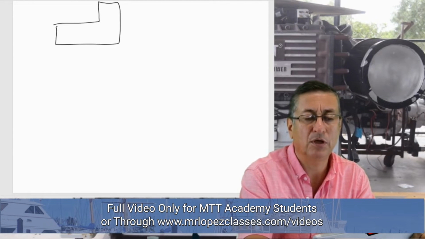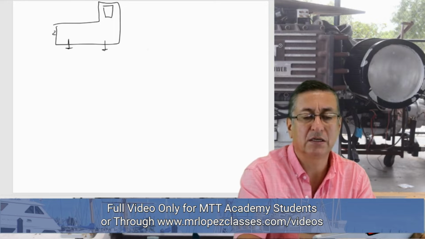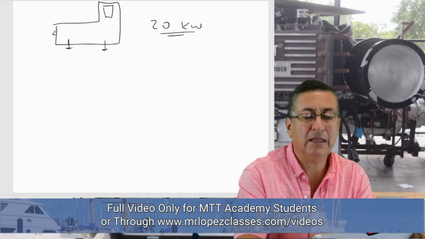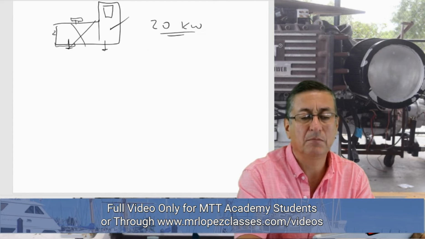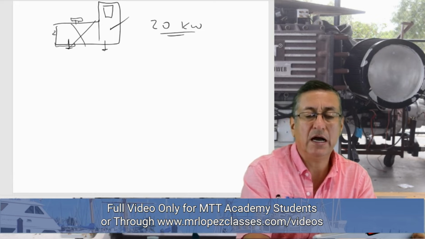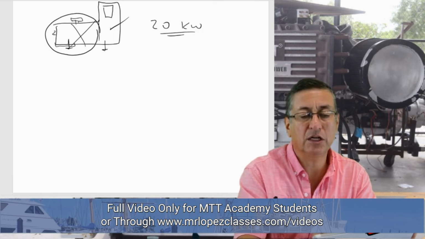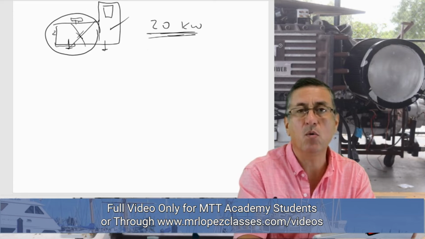Suppose that you have a generator. This is an example. You have a generator of 20 kilowatts. And the engine is broken. The back end is in perfect condition, but the engine is broken. You need to know the minimum horsepower that you need in order to replace that engine with another one in order to supply 20 kilowatts.